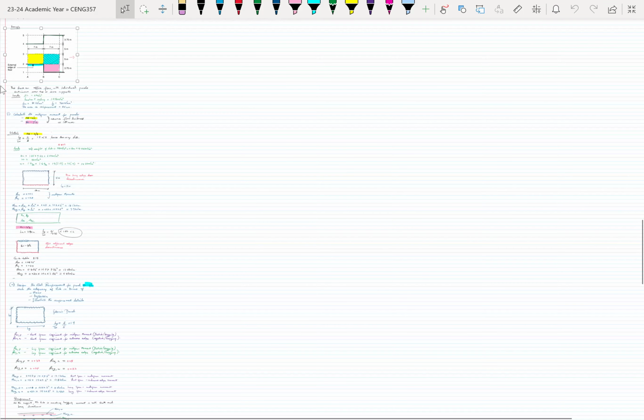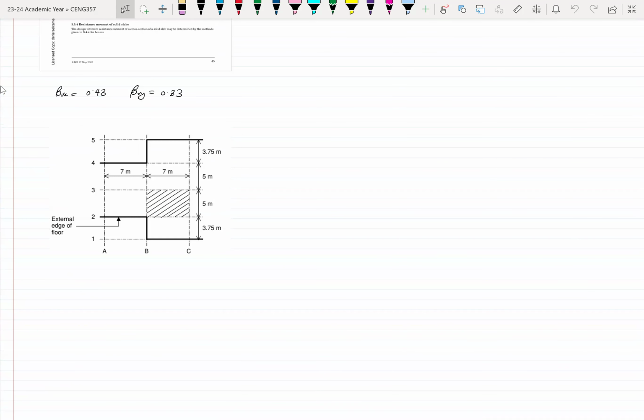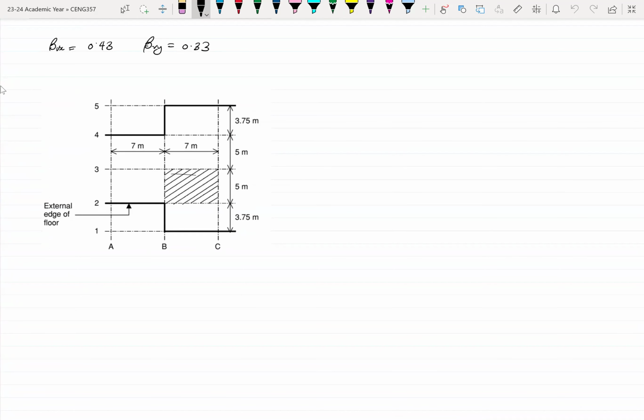Okay, so I think it should show. All right. So this is what I have, just so that we don't have to be going all the way up here. Now we are looking at this slab in the space.